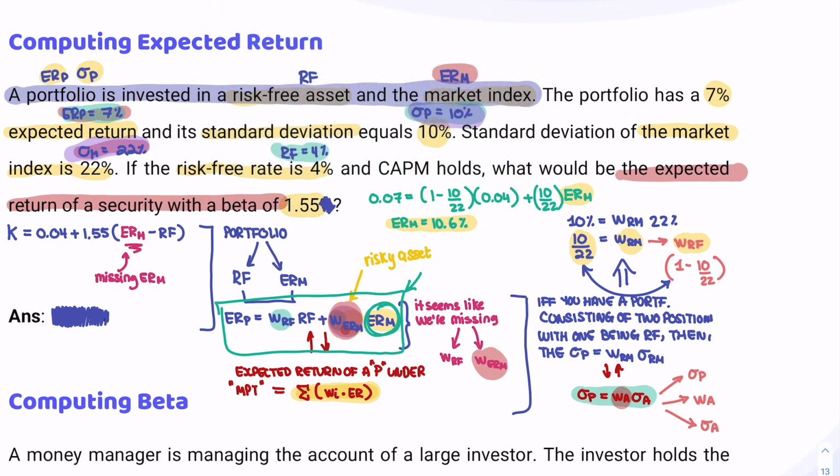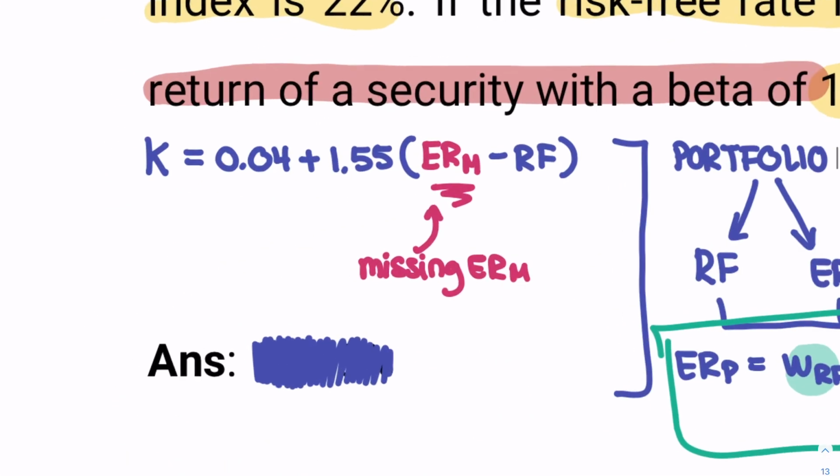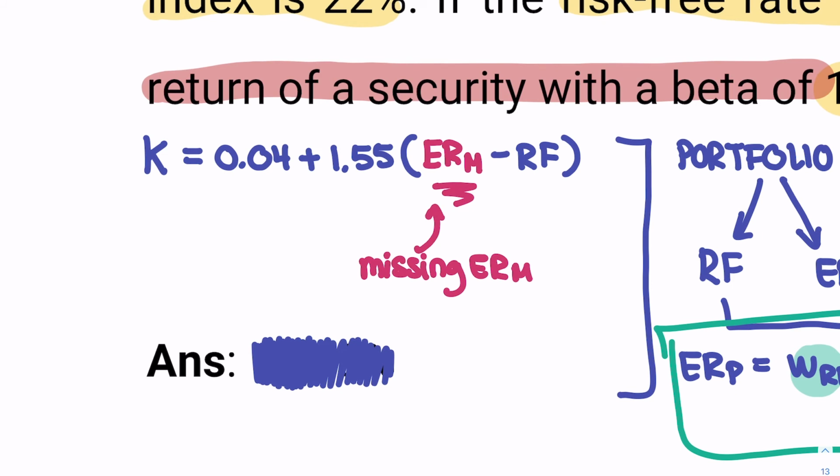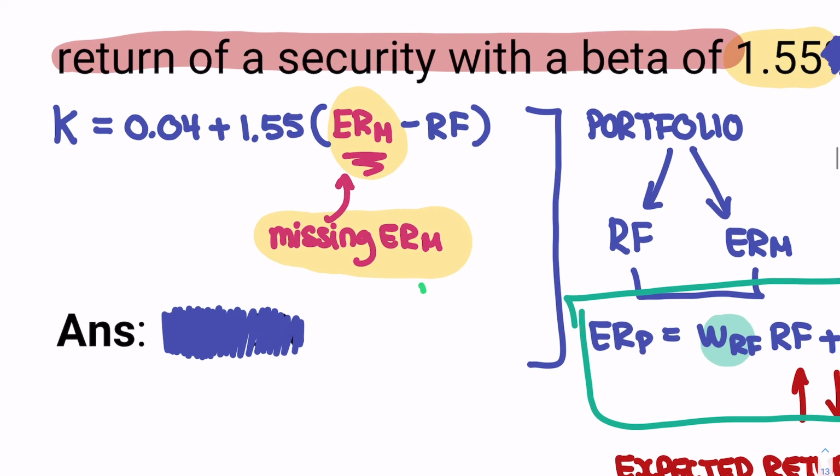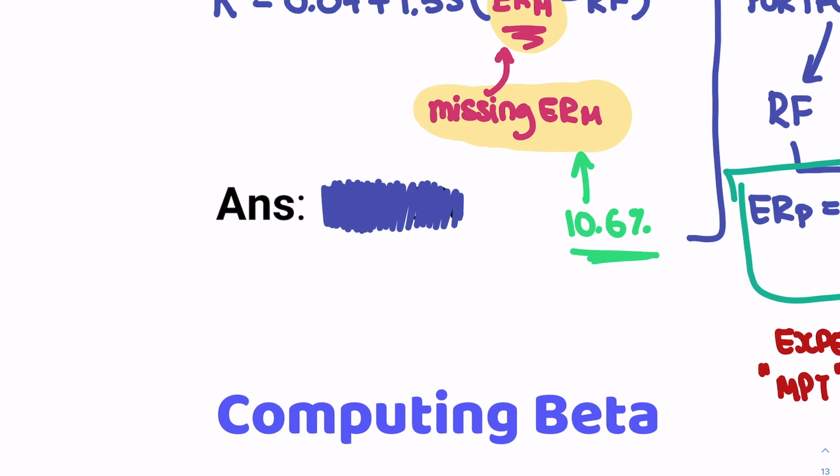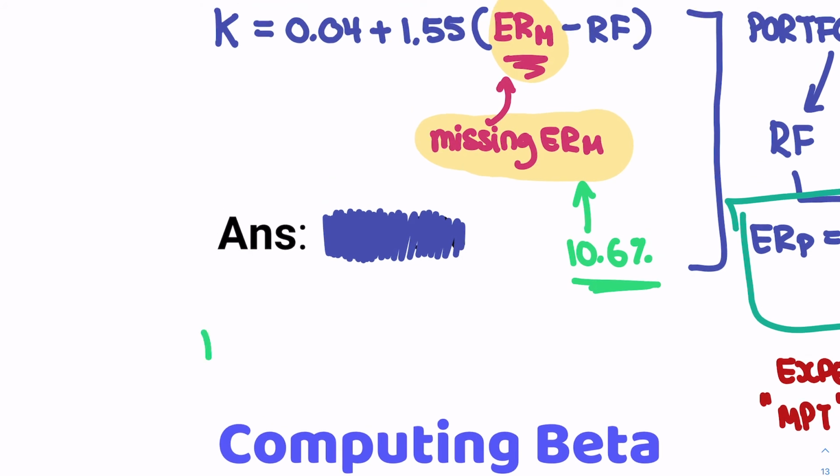But now that we know this, we're able to go back to our starting point. We said that we were missing ERM, but now we know that ERM is equal to 10.6%. So if we plug that into our SML function, we're able to say that K is equal to 0.04 plus 1.55 times (10.6% minus 4%).